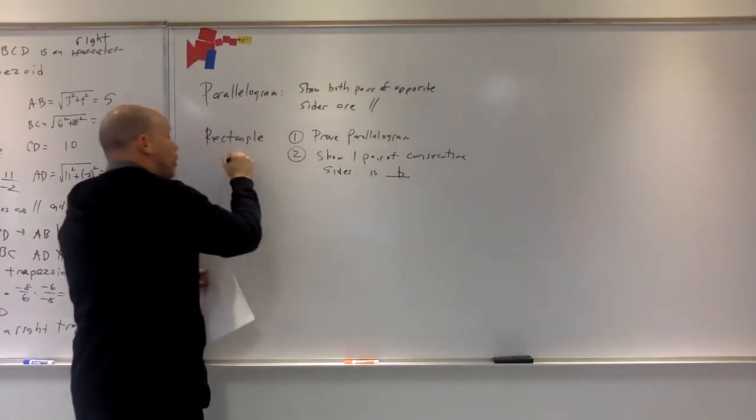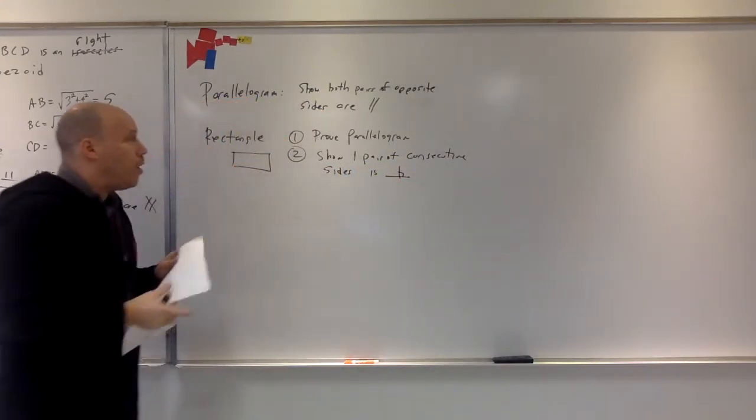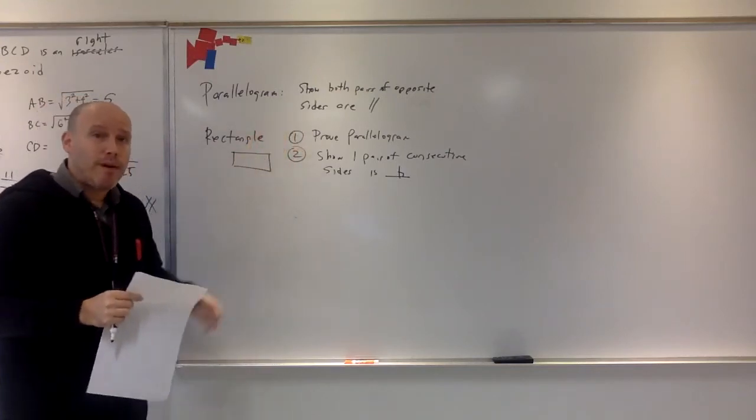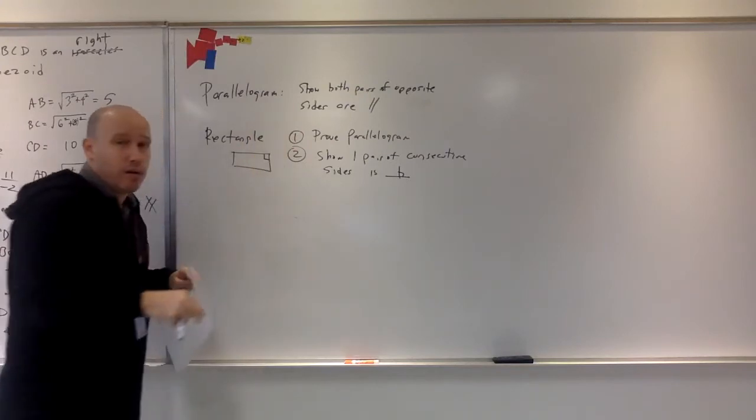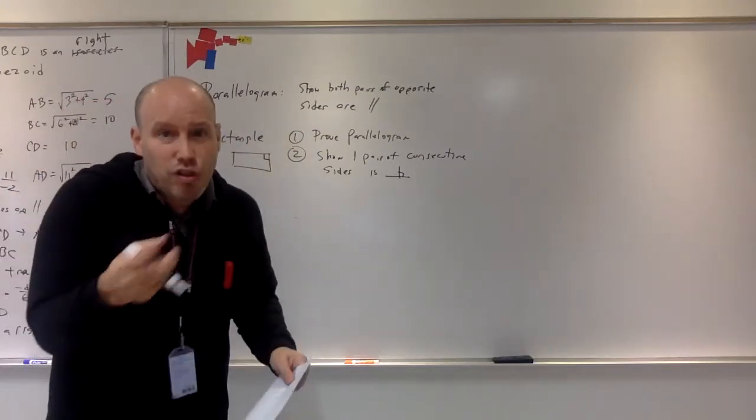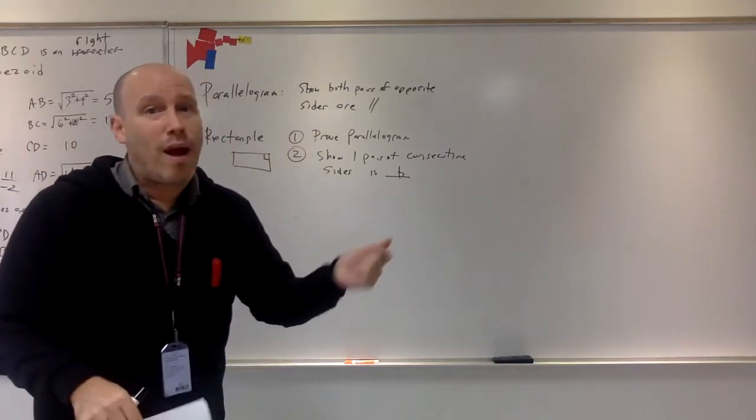That's it. Just, once again, you proved it was a parallelogram. All you have to do is just prove these two sides are perpendicular. And we saw that the product of the slopes is -1. You have a rectangle.